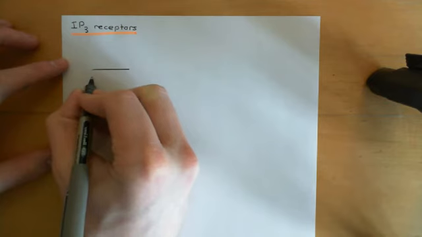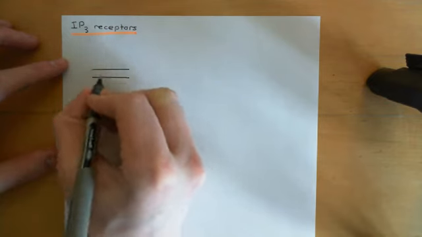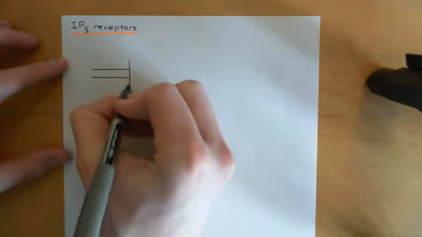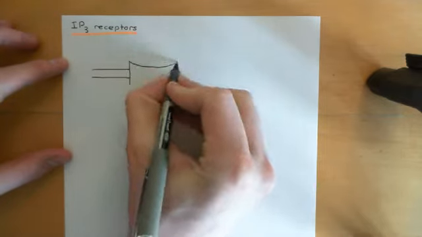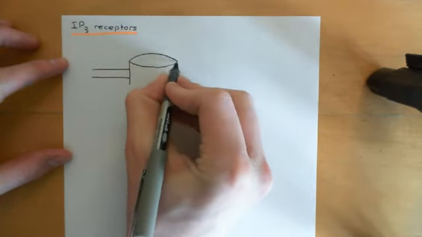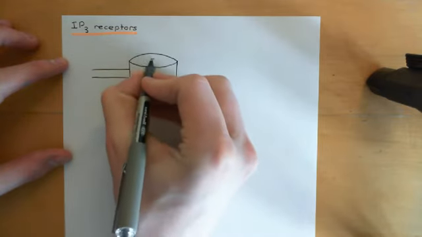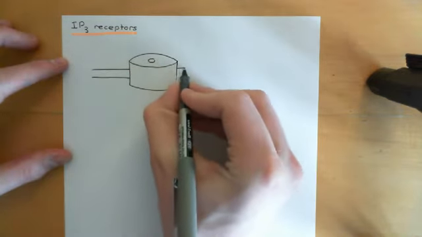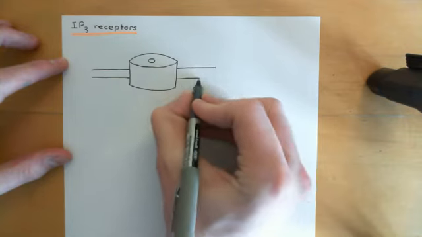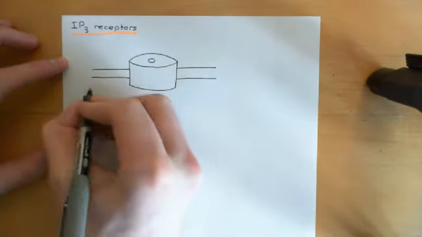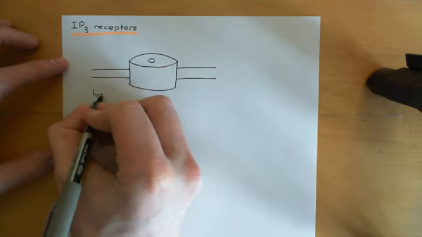I'll start off by drawing the ER membrane here as a phospholipid bilayer. Then sitting in the ER membrane, we're going to have our IP3 receptor. It is a calcium channel, so here is the pore down the middle through which calcium ions can move from the luminal side to the cytoplasmic side.